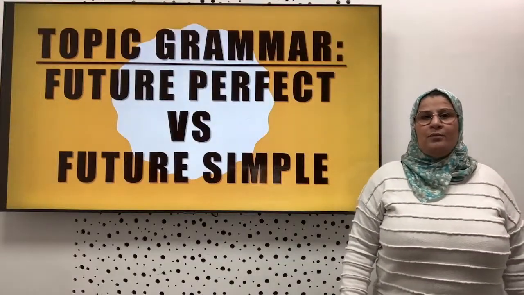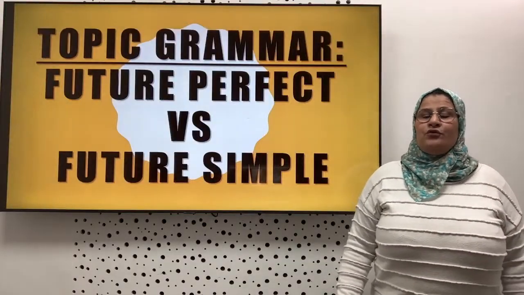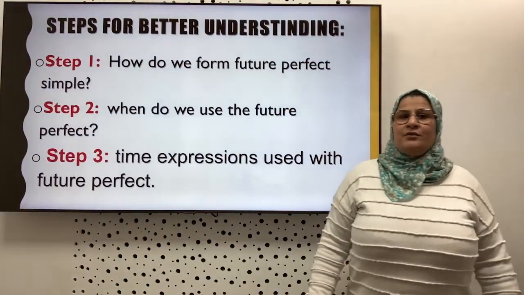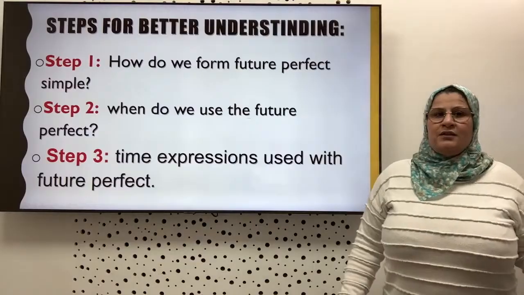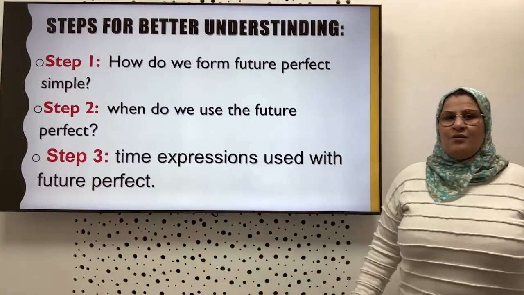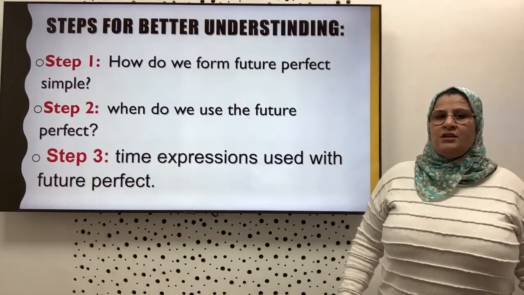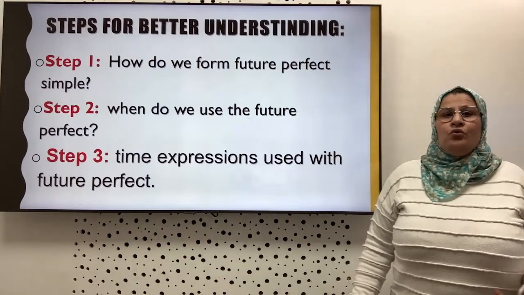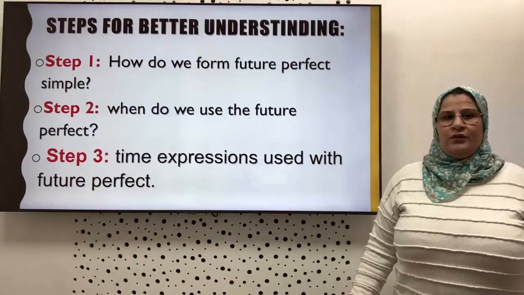Our grammar topic for today is comparing the future perfect to the future simple. Here are some steps for better understanding. Step number 1 is how we form the future perfect simple. In step number 2, we are going to focus on when we can use the future perfect.